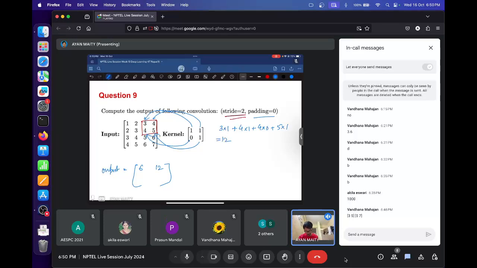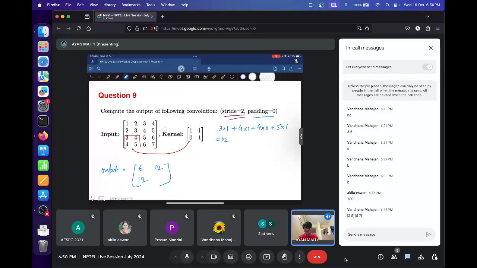Now we will do the same process for the next 2 by 2 window, which is this one. With stride 2, this would be the next 2 by 2 window. Again do the same process, pointwise multiplication and taking the sum. And if we do that, the third entry in the output would be 3 plus 4 plus 5, which is 12 again.